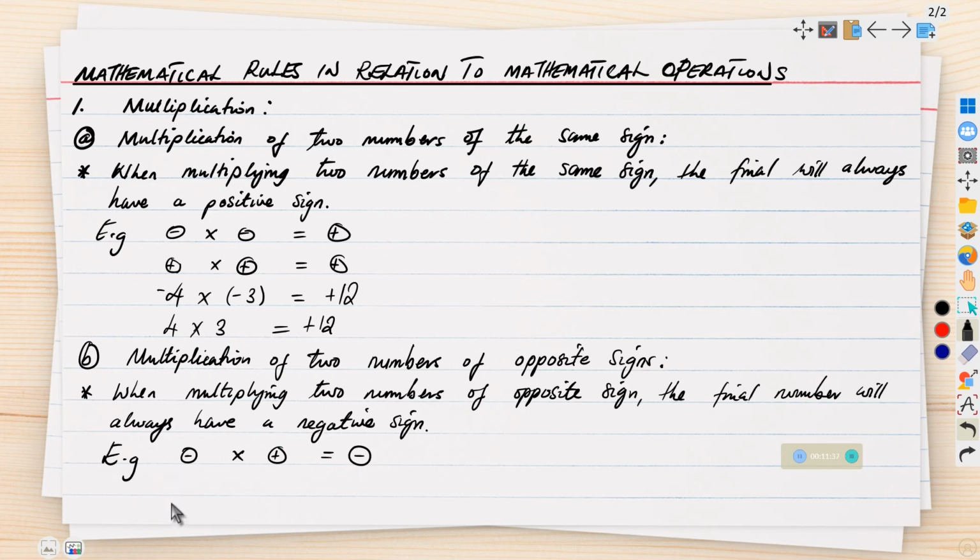E.g., if we have negative 4, you are multiplying it with a positive 3. The final answer will have negative. Then 4 times 3 will be 12, like that. Whether you swap it, let me just put it the way it is, like 4 times then a negative 3 here, it means that the final answer will be negative still.